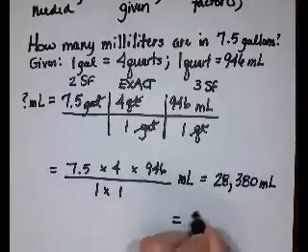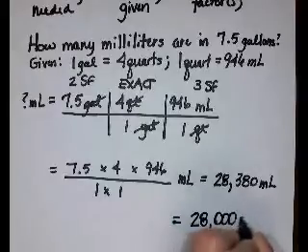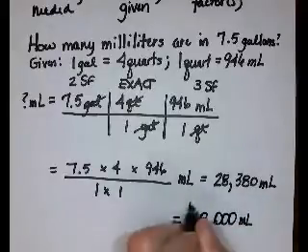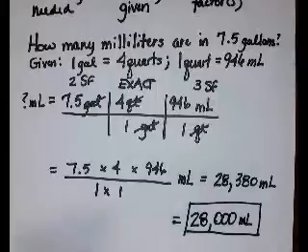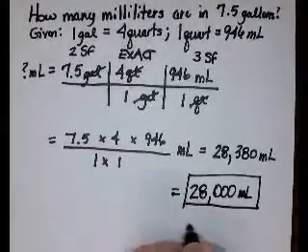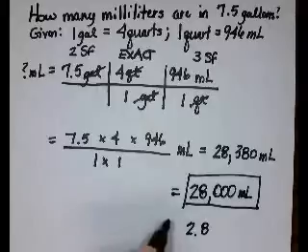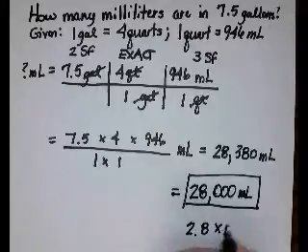So I will report this answer as 28,000 milliliters. I will not underline any zeros. If I do not like that answer, I can express it in exponential notation, which would be 2.8 times 10 to the 4th milliliters.